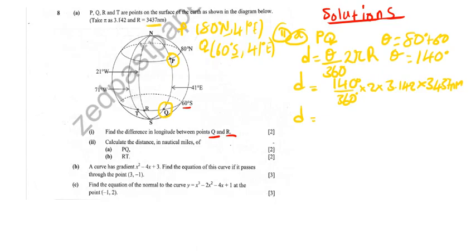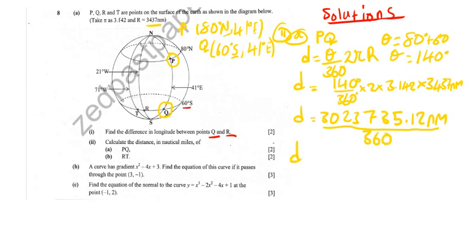So in this case I'm going to say 140 multiplied by 2 multiplied by 3.142 multiplied by 3437 Newton miles. So I'm getting 3023735.12 Newton miles, and then you divide this line by 360.